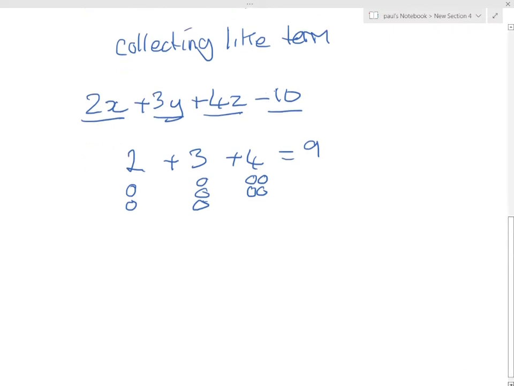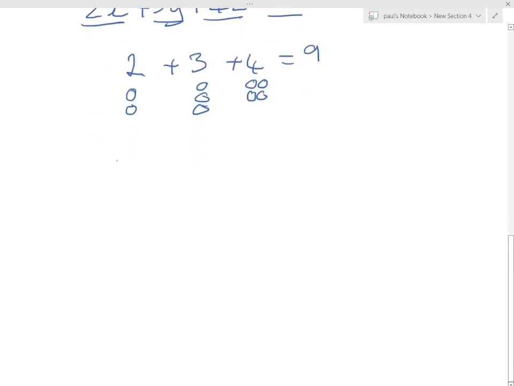Now, if the counters are different colours, say you've got red ones, blue ones, green ones, and they're all muddled up in a big pile, then you can separate them out into the different counters, but you can only put the same colour with each other. And this is like this. So we've got 2x plus 1y plus 3x plus 4y.